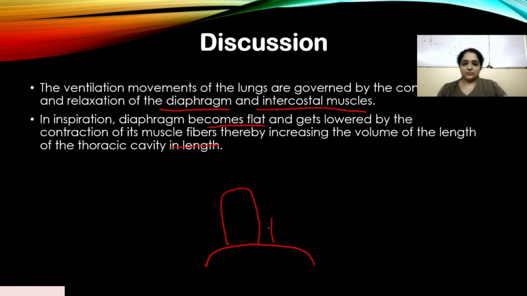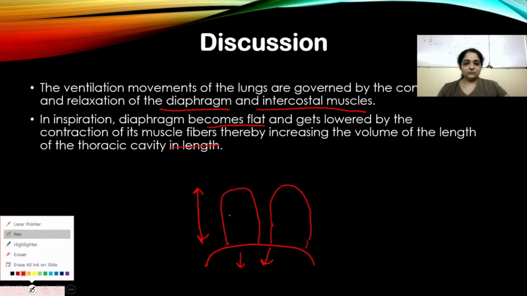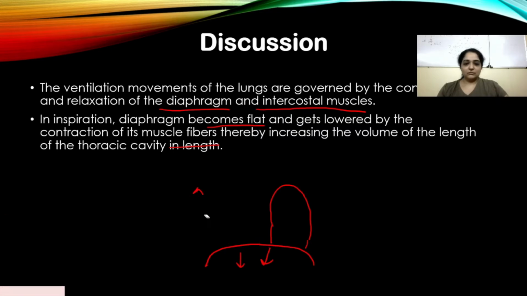These are your left and your right lungs. So when this contracts, the diaphragm moves down, and this increases the length of the thoracic cavity.